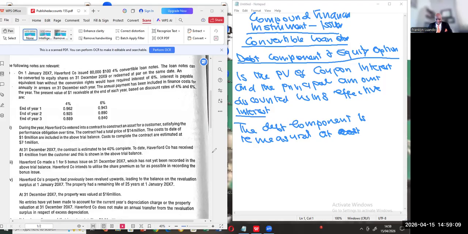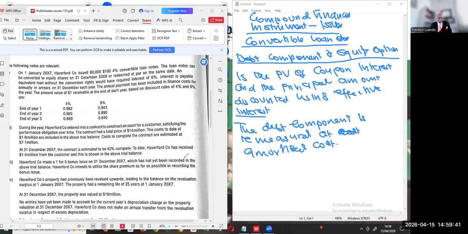Remeasured at amortized cost. Equity option is not remeasured as per conceptual framework. It is the residue, the balancing figure.